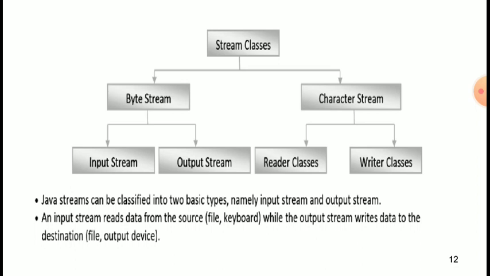Although there are many classes to perform character and byte operations, we will discuss the most widely used classes. Discussion of each class belonging to the java.io package is out of the scope for this textbook.